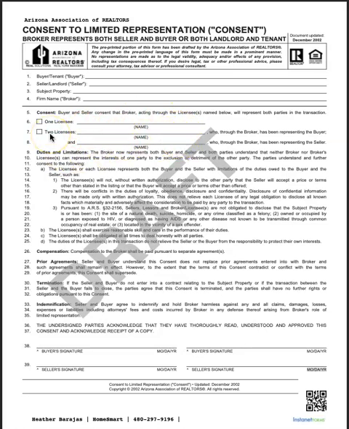So there are certain limitations in terms of how I can represent you when we have one broker that's overseeing both sides of the transaction. At this point, they're receiving my documentation and the documentation from the other agent, so they're seeing both sides of the transaction.